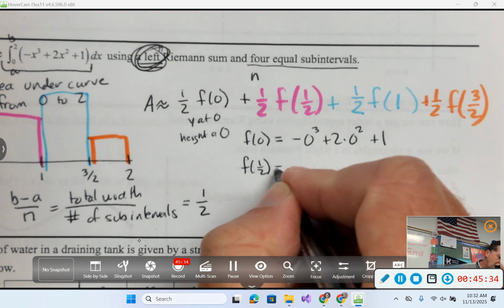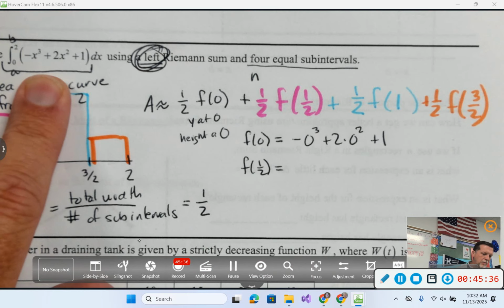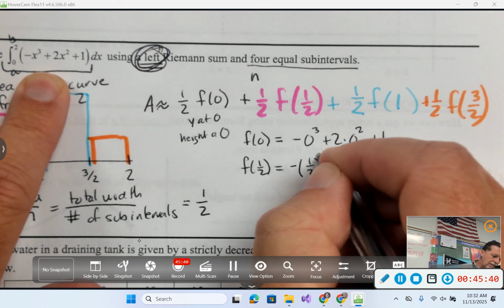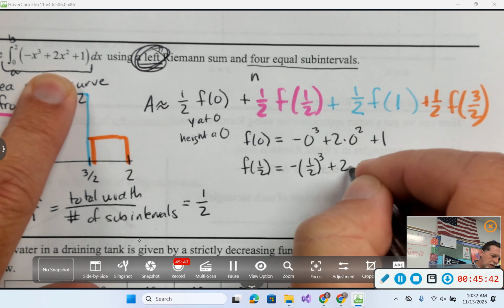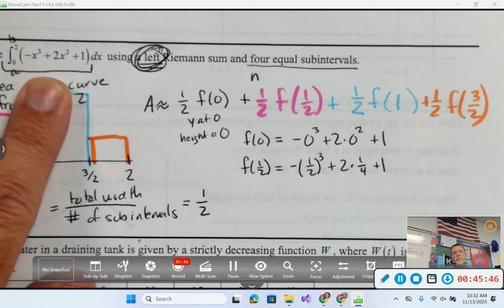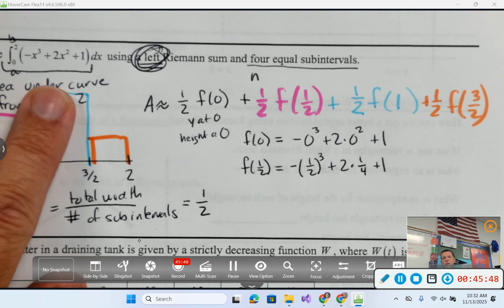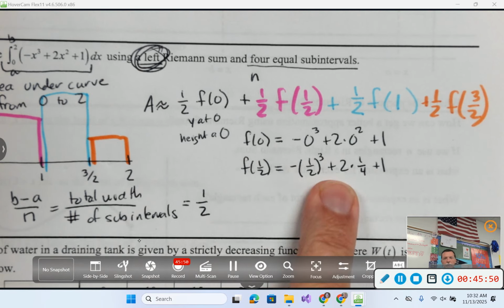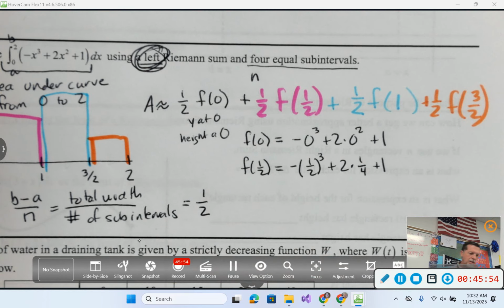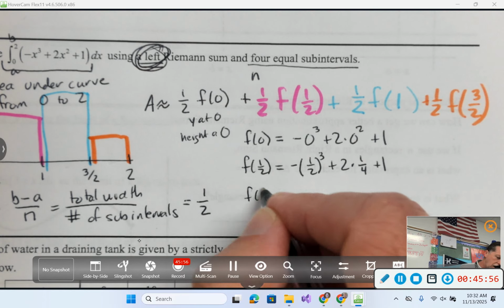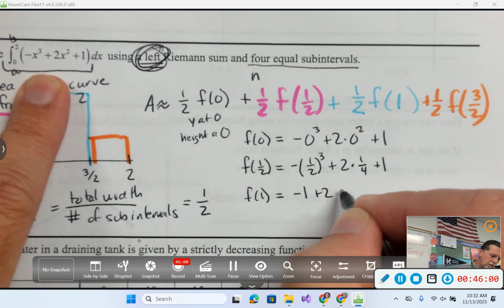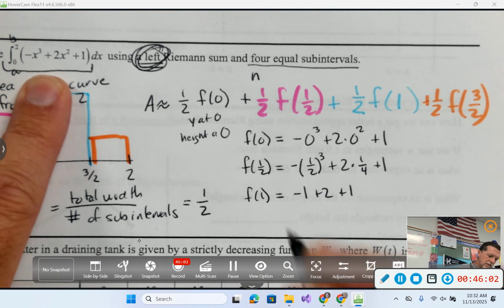F of 1/2. I look at my function, I plug in 1/2. So negative 1/2 cubed plus 2 times 1/2 to the 4th plus 1. Don't even care what it is. I've told the grader what it is. He can plug it in. Like it's calculator ready. F of 1, negative 1 plus 2 plus 1.